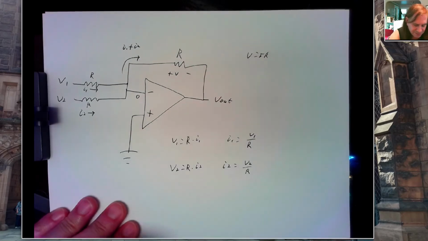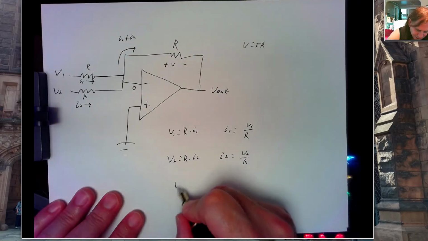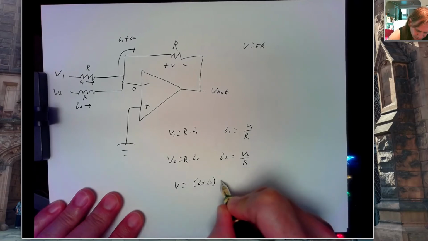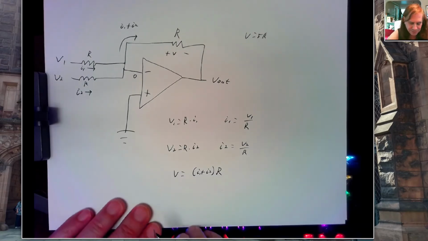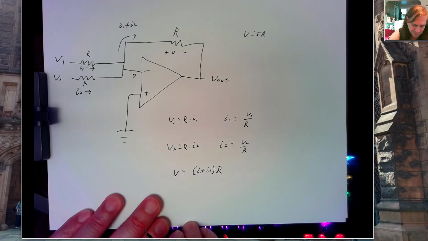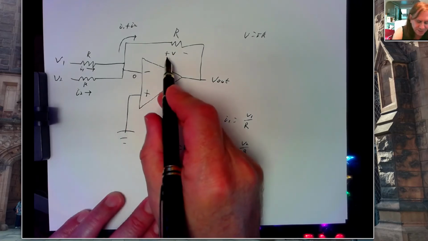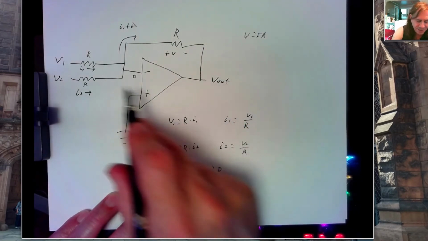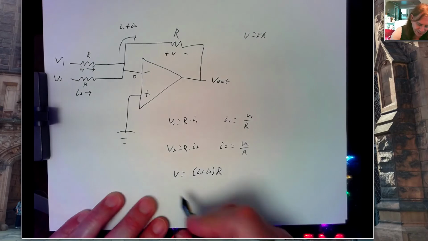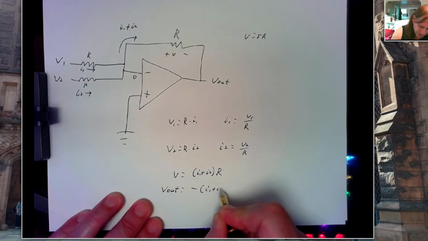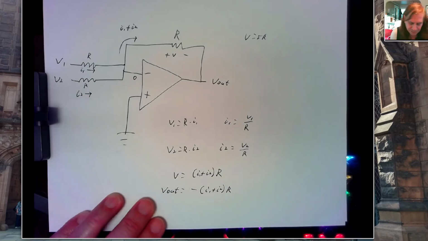I'll just call this V. And again, Ohm's law says V equals the current, I1 plus I2, times the resistance R. And then V out is just going to be the inverse of V, because again, this is 0 volts, there's the positive side, so this is going to be 0 minus V. So V out will be minus I1 plus I2 times R.